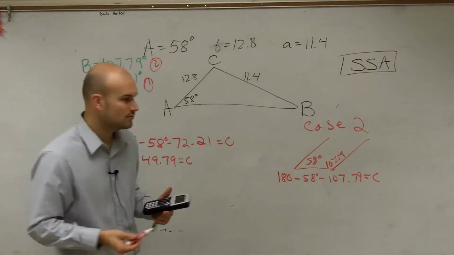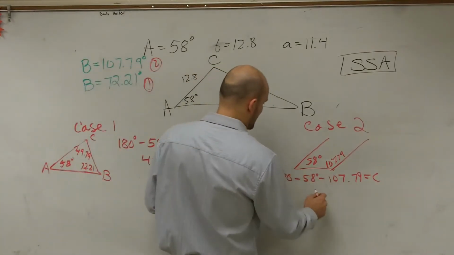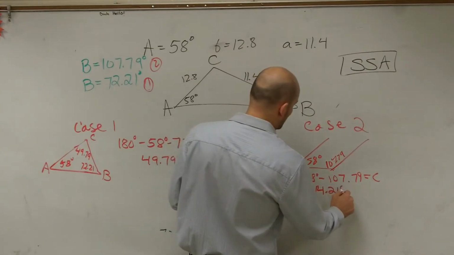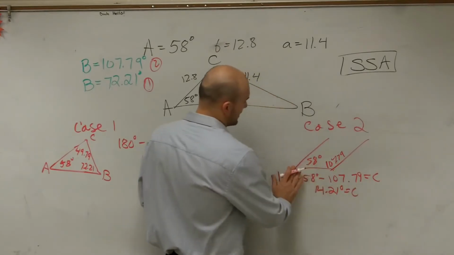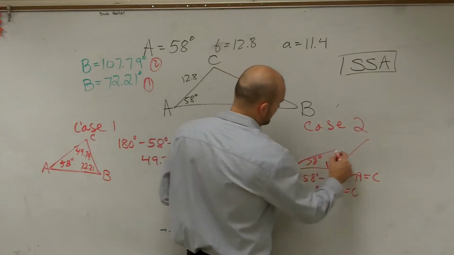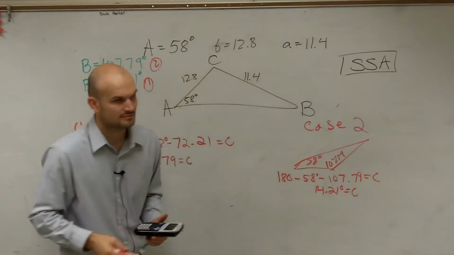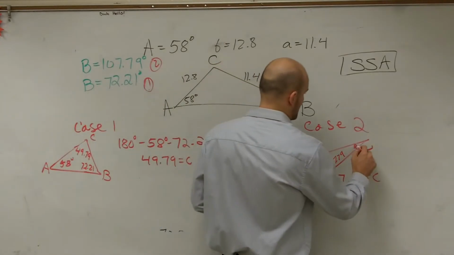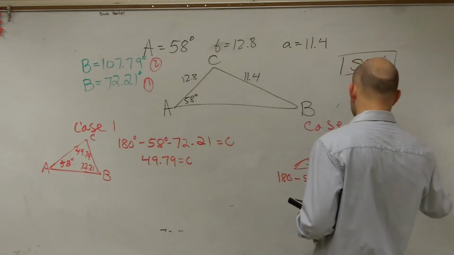I get 14.21. So 14.21 degrees equals C. I know my triangle's looking a little crazy, guys, but it'd probably be something like that. So this angle is 14.21.